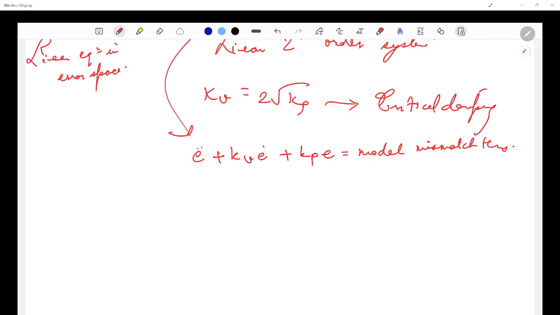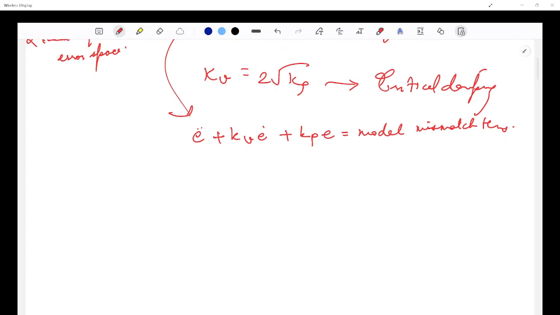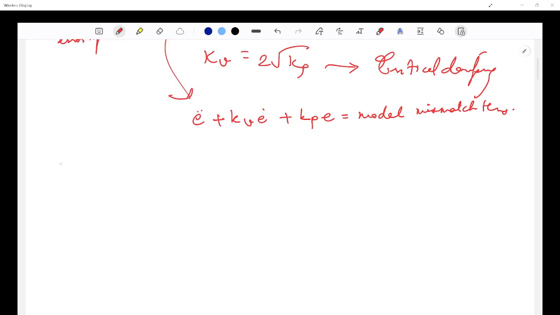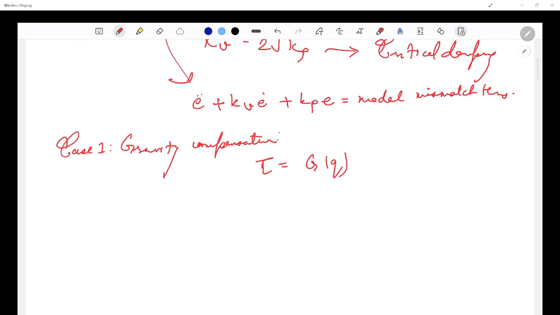Right. Okay. Now, there are a few special cases that were discussed. Case 1 was about gravity compensation. In this case, we write torque is equal to the gravity vector. If there is a PD control, torque is equal to KP into E plus KV into E dot.